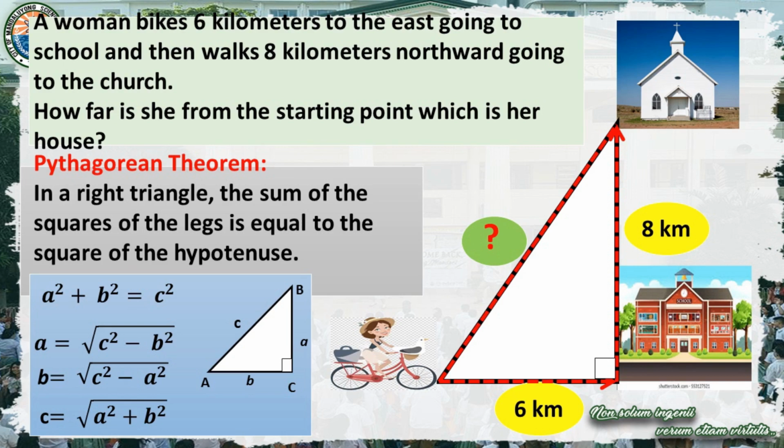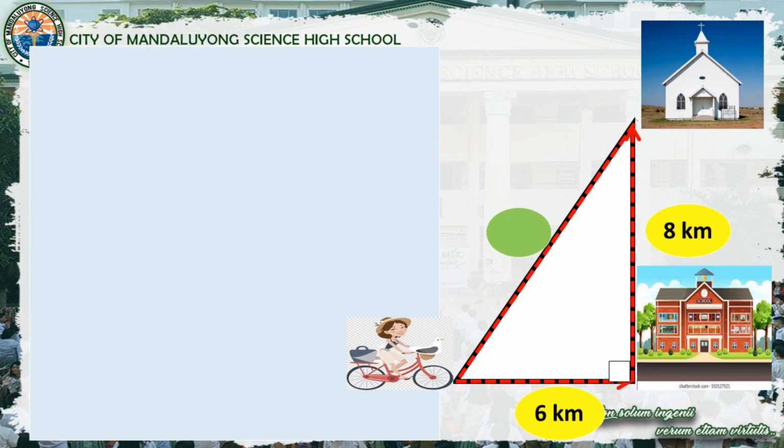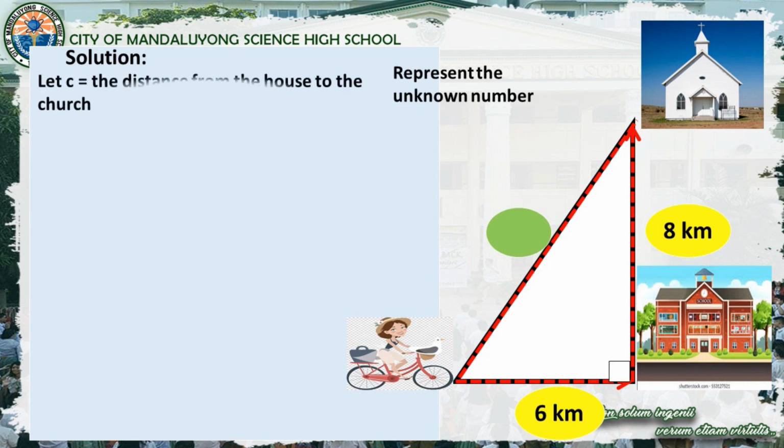And so let's finish solving this problem. For our solution, we have to represent the unknown number. In this case, I let C be the distance from the house to the church, and that is the hypotenuse in the right triangle.